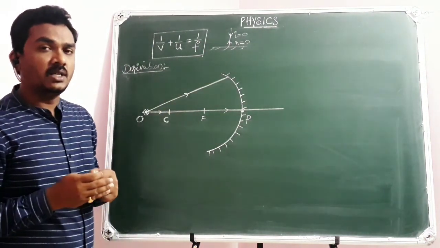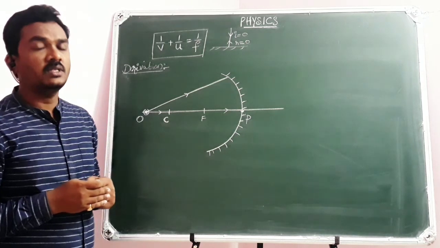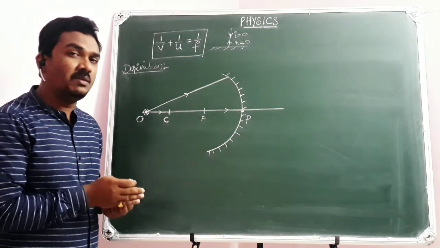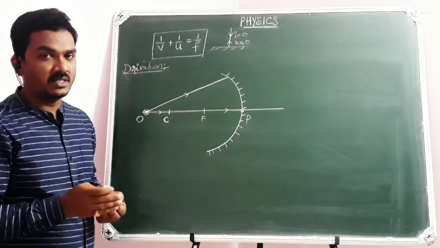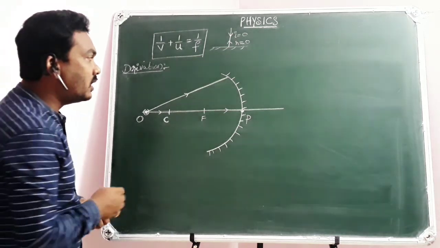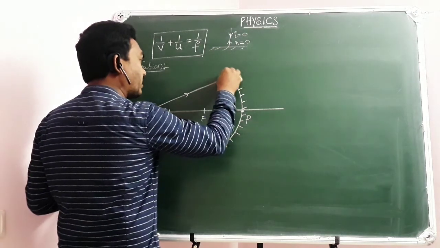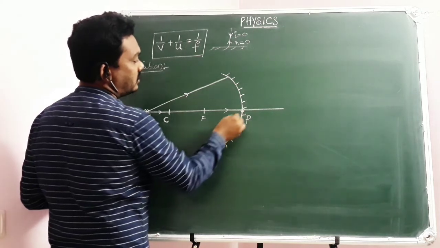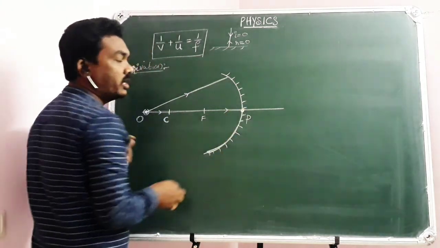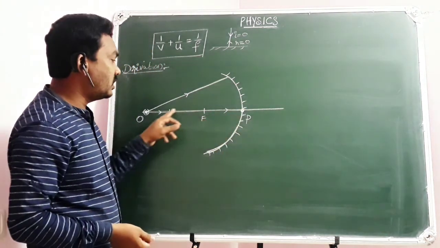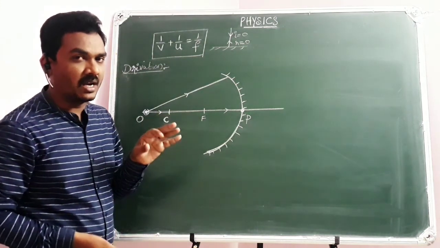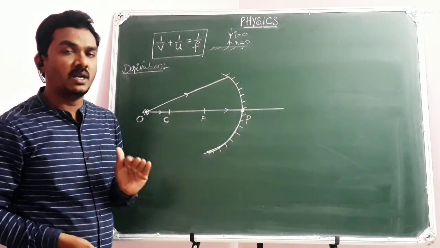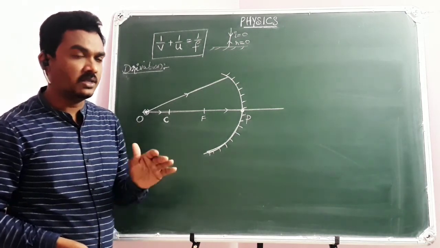So when light is incident normally onto a reflecting surface, it will retrace its path, meaning it reflects back along the same path. We call it retracing. In the case of spherical surfaces, any line that joins a point on the curved surface through the center of curvature is a radial line, and the radial line will always be perpendicular to the curved surface at that point.